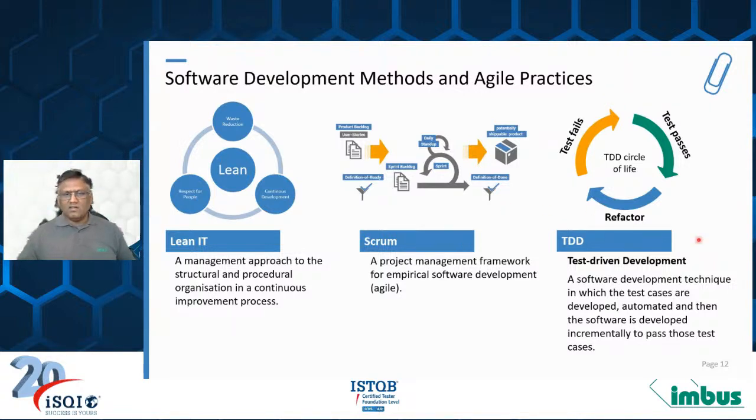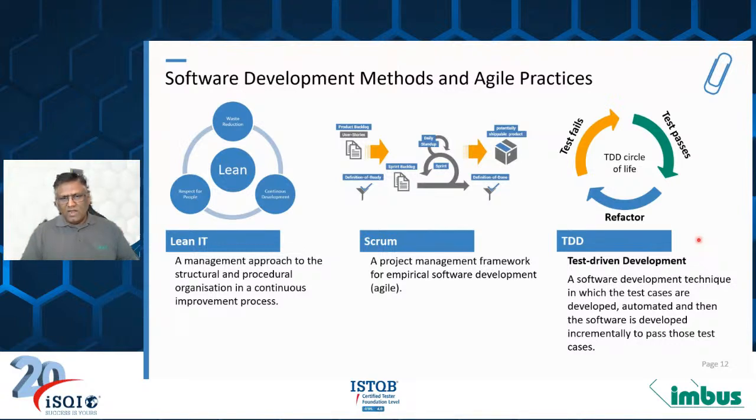And finally, there is a technical practice, which is very relevant for today's environment, especially with so much technology and tools available. Test-driven development. Rather than developing software and testing later, now we are going to switch our mindset. We will build a test, and then develop the software based on the test. Again, the mindset is a little bit different.